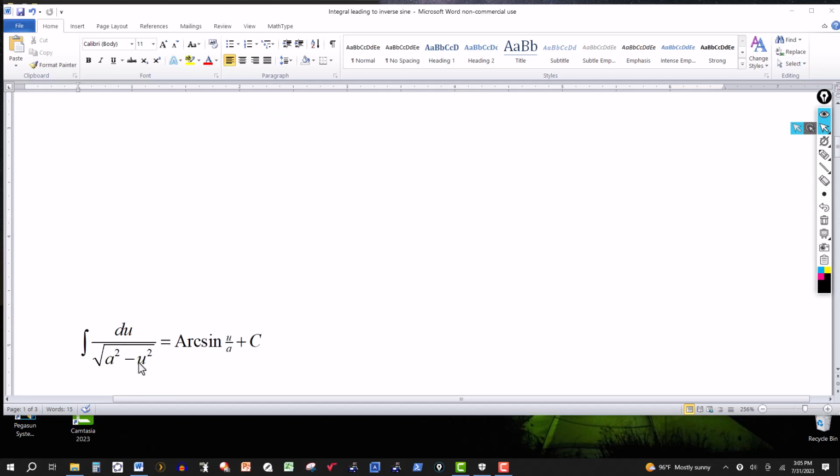If I can write it where I have some number squared minus the variable squared, that's going to equal arc sine of u over a. Of course, you can derive this formula using a trig substitution, but most instructors will let you use it if you know it on a test or quiz. So that's what we're looking for, this setup here.